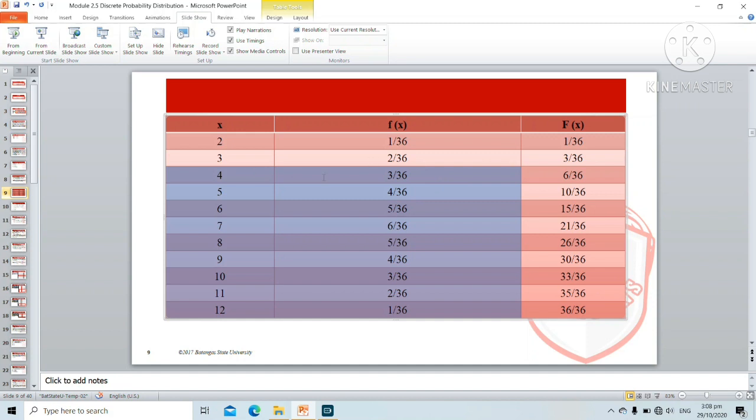So, anong formula natin? Ang given natin ay 4, ang katapat niya ay 6. Dito po tayo merong 3 over 36.